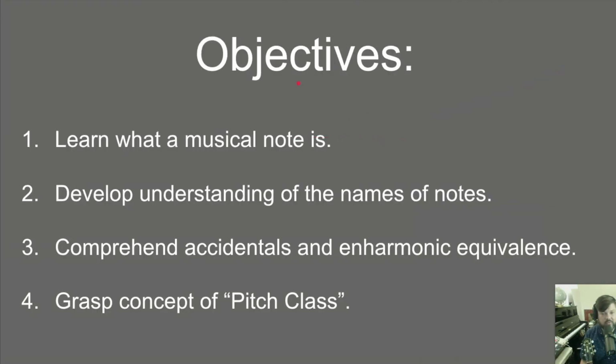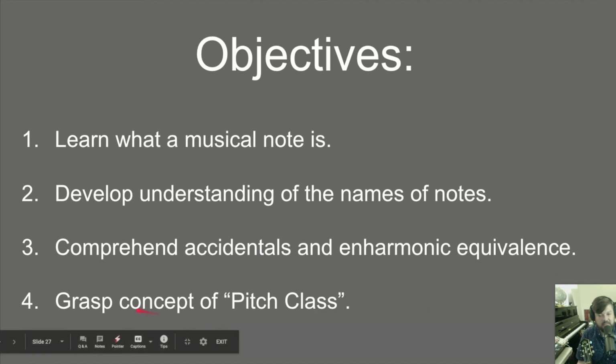Okay, so did we hit all of our objectives here? Did we learn what a musical note was? I hope so. We also tried to develop an understanding of names of notes. Cool. I think we did that. We're trying to comprehend accidentals and enharmonic equivalence. I think we got there, guys. And then, did we grasp the concept of pitch class?